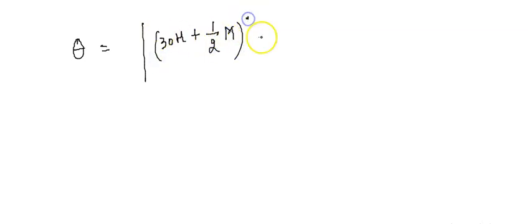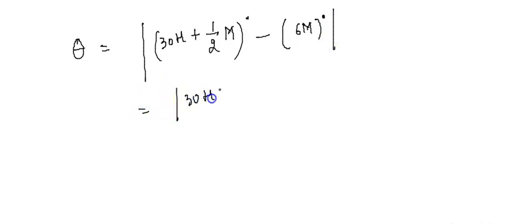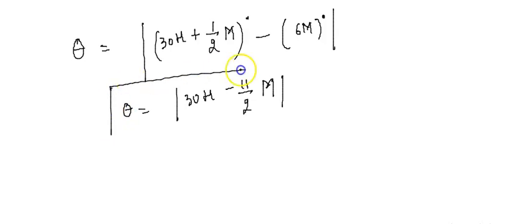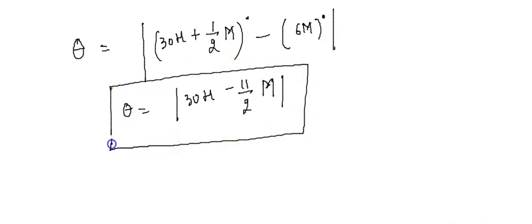So we can take the modulus value, and it is 30H plus 1 by 2 M degrees minus 6M degrees. Solving this, taking the LCM, we can say that it will be 30H minus 11 by 2 M. So this will be the angle to be calculated between the minute hand and hour hand of a clock.